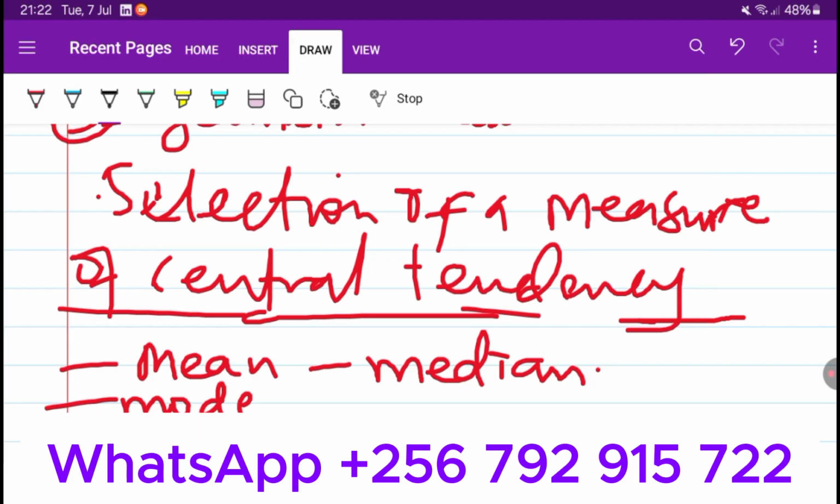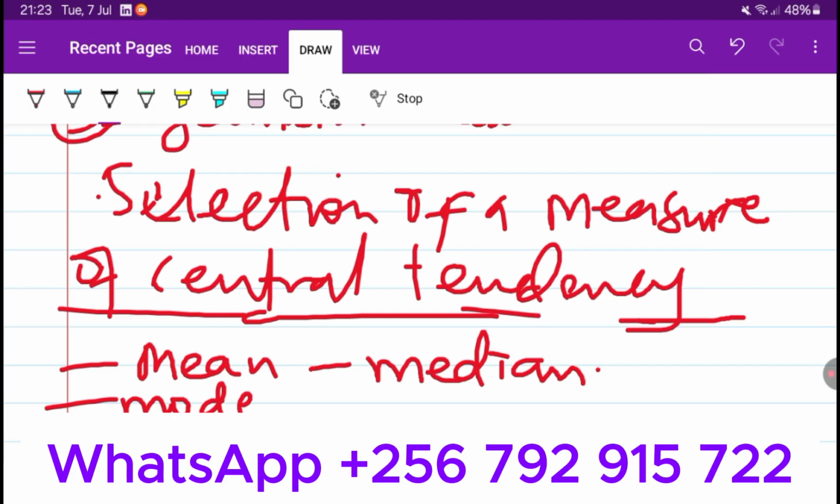So the most important question to consider when deciding which of these three to use: you must use one that is most representative of the data in the distribution.